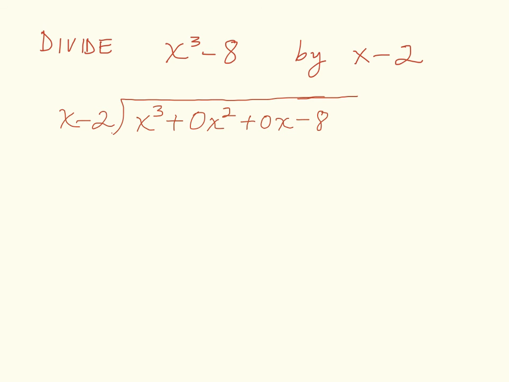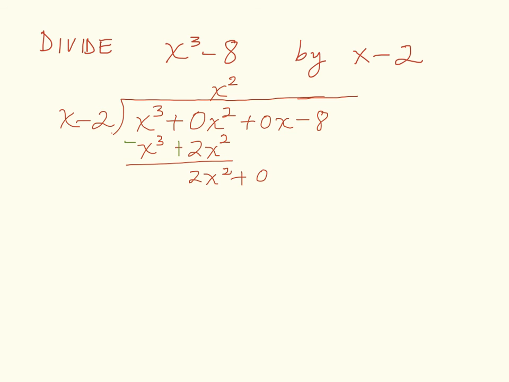All right? So x goes into x cubed x squared times. X squared times negative 2 is negative 2x squared. X squared times x is x cubed. So we subtract. This becomes negative, this becomes positive. So we have 0x squared plus 2x squared, that's 2x squared.